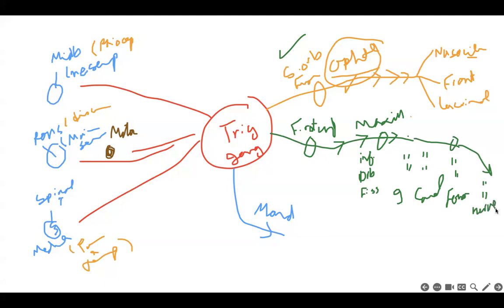This is the termination of the maxillary nerve. What does the infraorbital nerve supply? The side of the nose, the skin of the upper lip, and the skin of the lower eyelid.